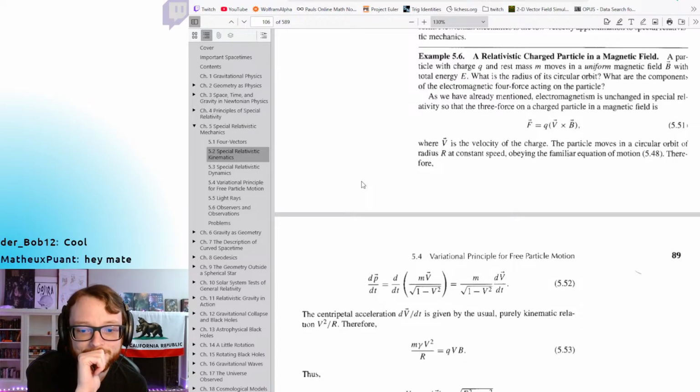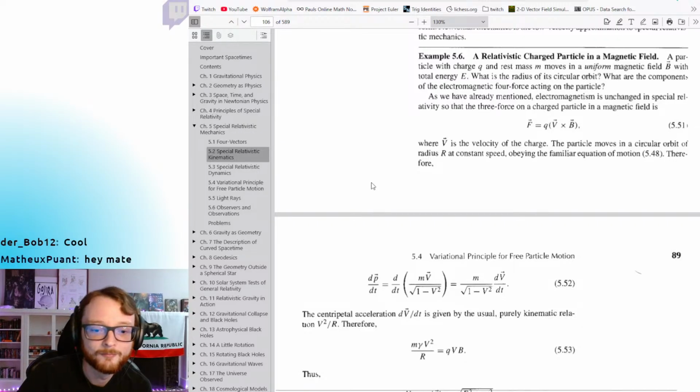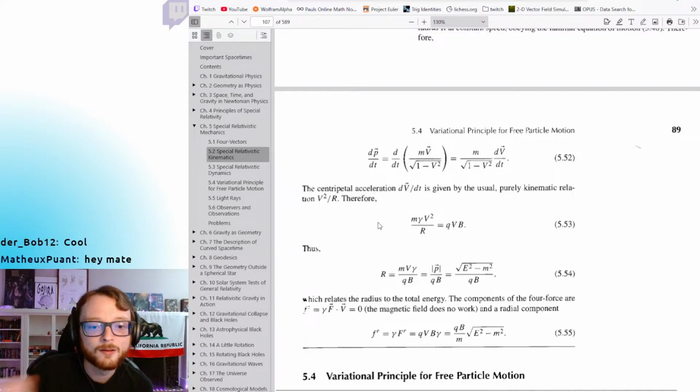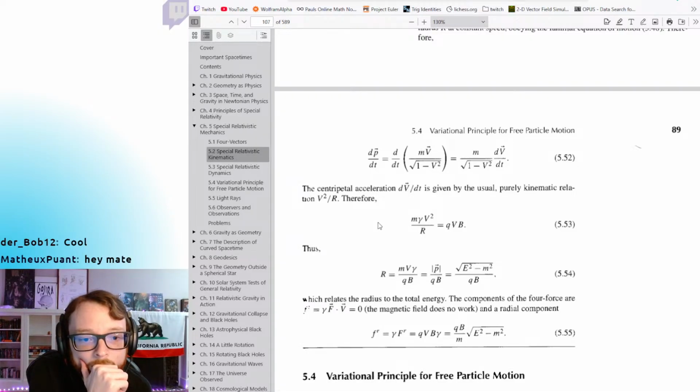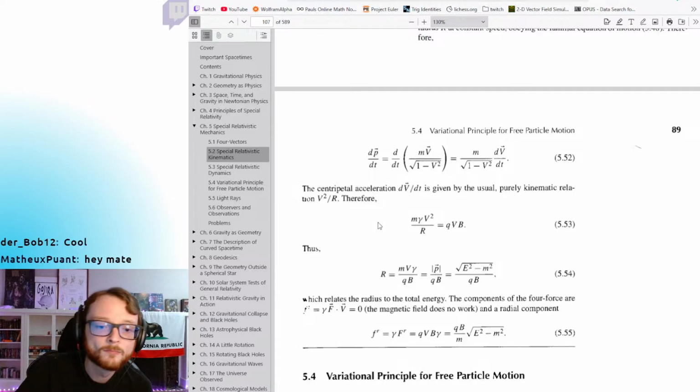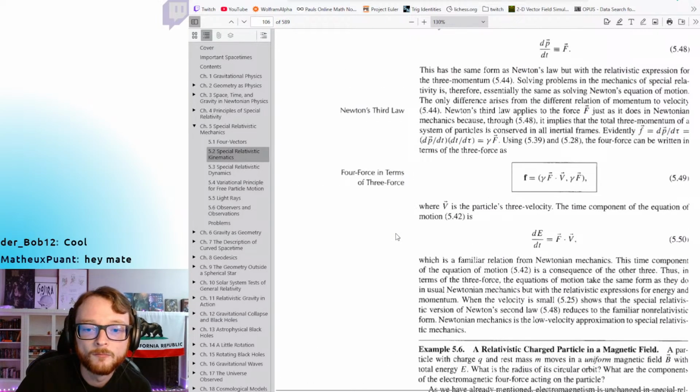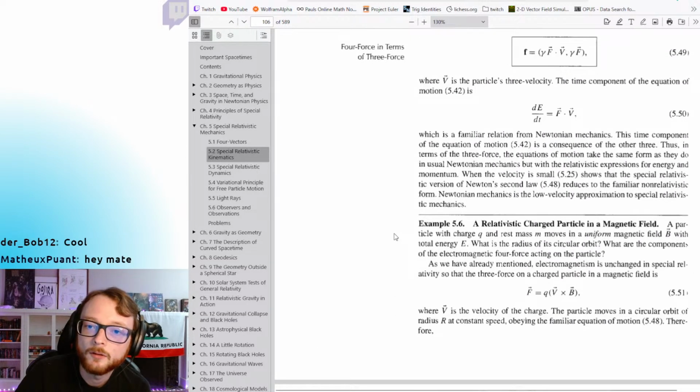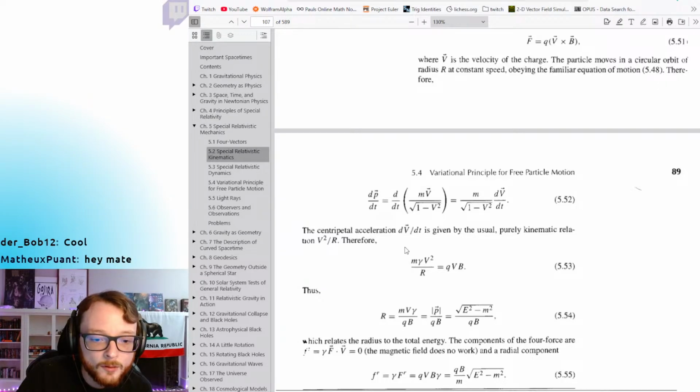I don't think I understood where the gamma showed up in 5.53. Where'd they get that gamma in the numerator? Oh, maybe it's from 5.49, where they say the space component of the 4 force is gamma times the 3 force.